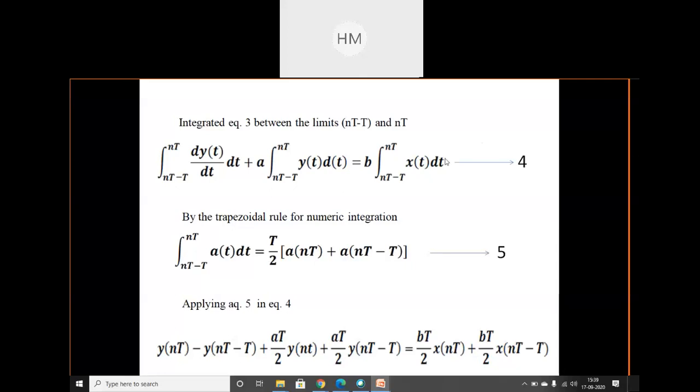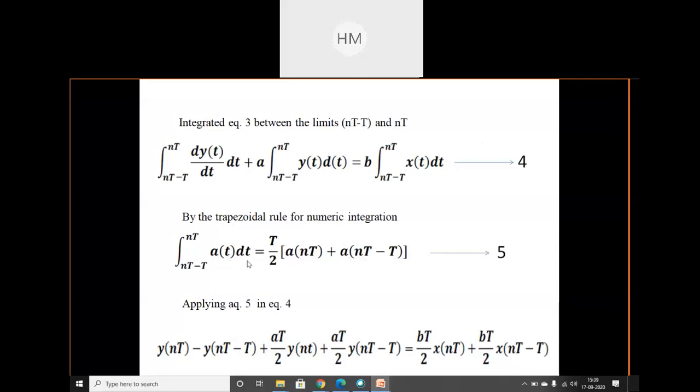Equation number 4, integrating by using trapezoidal law, integration of a(t) dt gives you this equation: T by 2 [a(nT) plus a(nT minus T)].